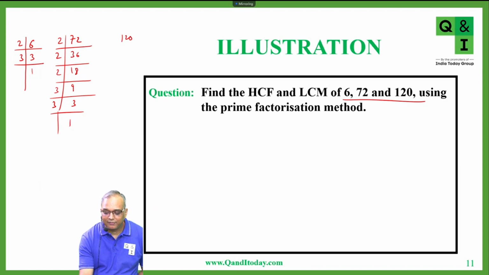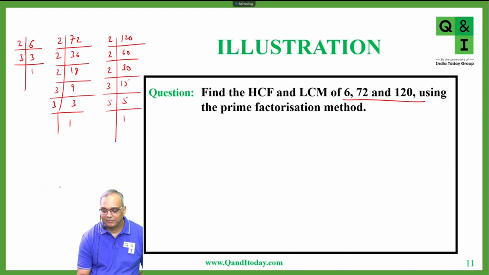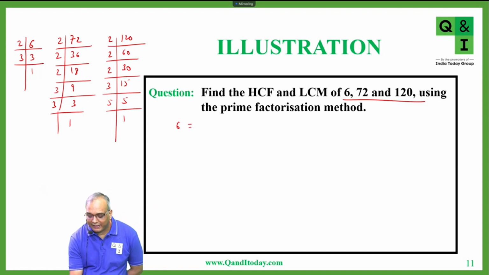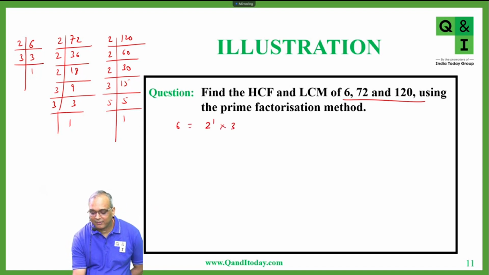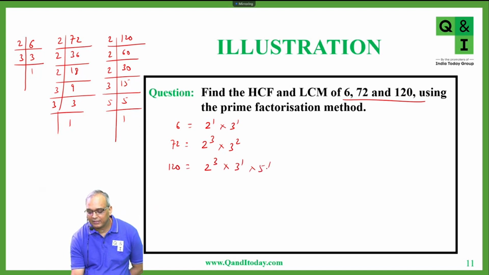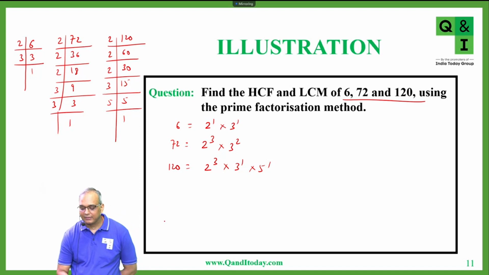And similarly 120 if you factorize, 2 times 60, 2 times 30, 2 times 15, 3 times 5, 5 times 1. So if you write the prime factorization, 6 is 2 to the power 1 into 3 to the power 1. 72 is 2 to the power 3, 3 to the power 2. 120 is 2 to the power 3, 3 to the power 1, 5 to the power 1.